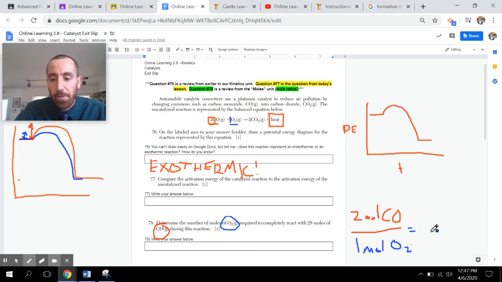And now ask yourself, if I have moles of CO on the top, I need moles of CO on the top on the second fraction as well. So I'm going to write moles of CO. And I know I need moles of O2 on the bottom.